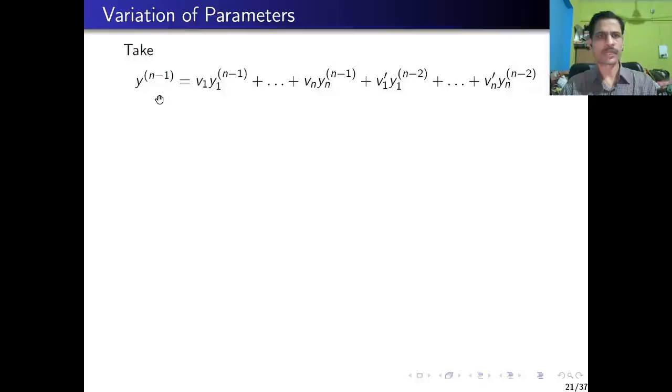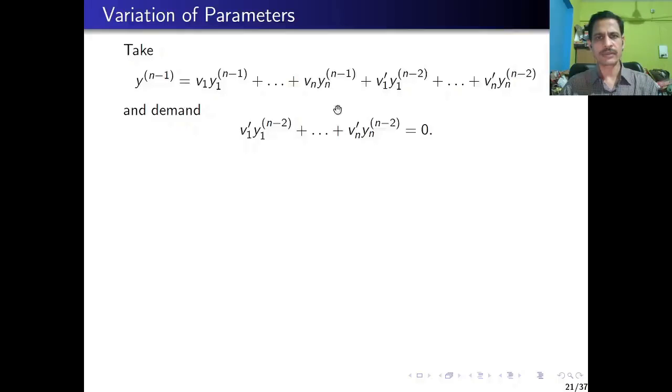So we obtain the (n minus 1)th derivative of y equal to v1 times the (n minus 1)th derivative of y1 plus dot dot dot plus vn times the (n minus 1)th derivative of yn, plus v1 prime times the (n minus 2)th derivative of y1 plus dot dot dot plus vn prime times the (n minus 2)th derivative of yn.